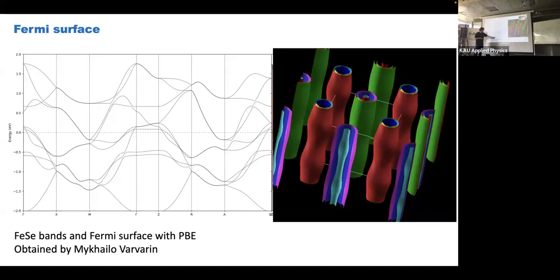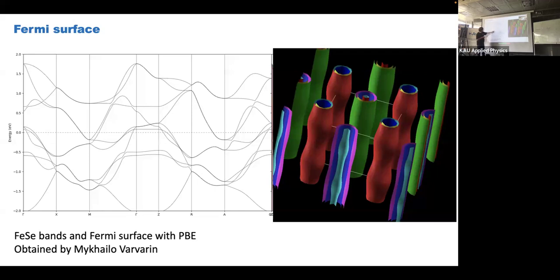For example, we see from gamma to Z in the Brillouin zone, so it's like a vertical movement from the center to the edge of the Brillouin zone. From gamma to Z, we have this very narrow band, and this band will be this cylinder. In 3D, this band will create a cylinder, but we have not only one band, we have three bands.